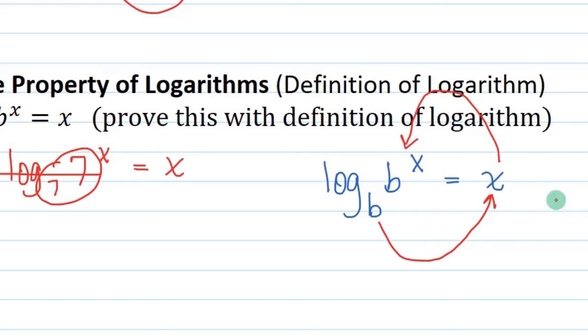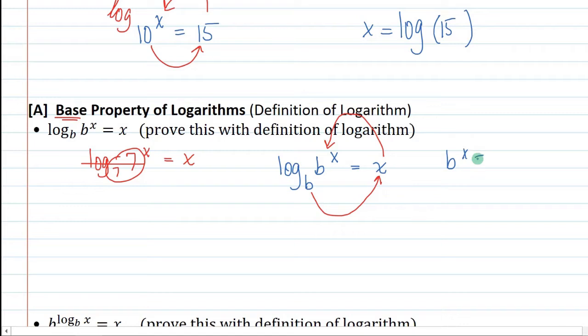Well, you can clearly see that's the case. This is b to the power of x equals b to the x, right? So when you write this exponentially, you get b to the x equals b to the x. And that is obviously true. So it works. Log base b of b to the x is x leads to b to the x equals b to the x. So we can prove it, so we know it works. So that's the first thing.